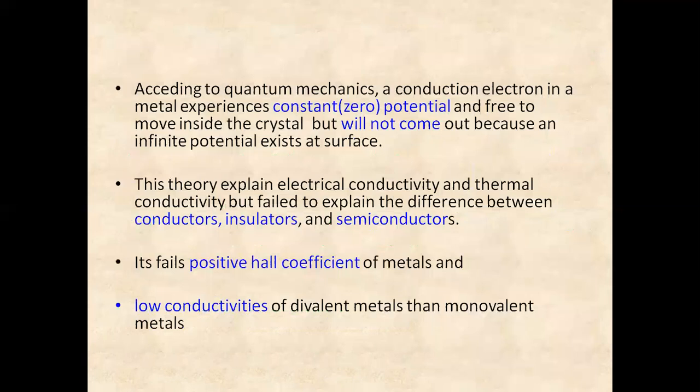According to quantum mechanics, a conduction electron in a metal experiences a constant potential and is free to move inside the crystal, but will not move out because infinite potential exists at the surface.